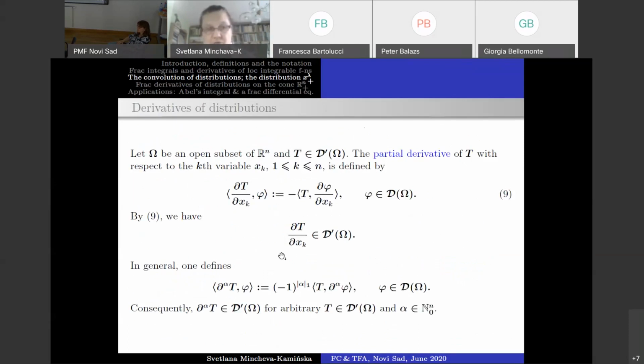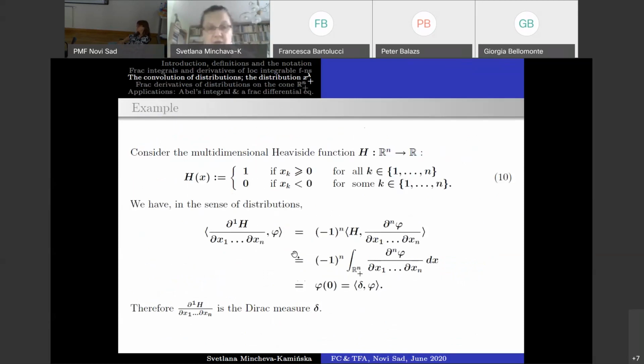There is the usual well-known definition of derivatives of distribution. You see it in the case of a multidimensional Heaviside function, whose derivative of order 1 is just a delta Dirac measure.